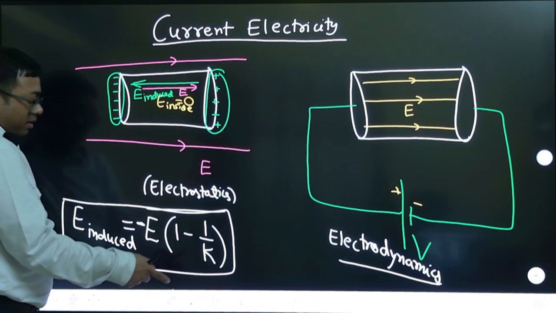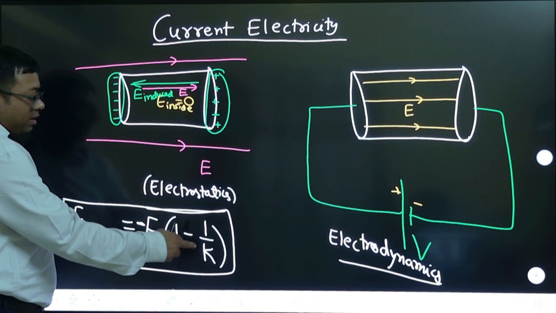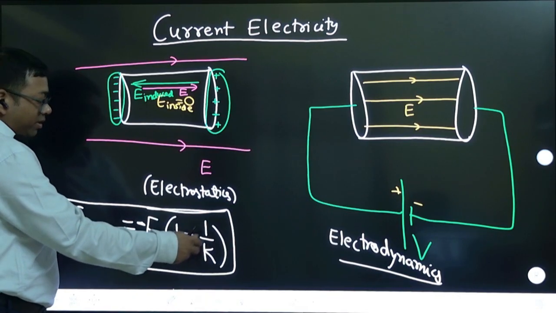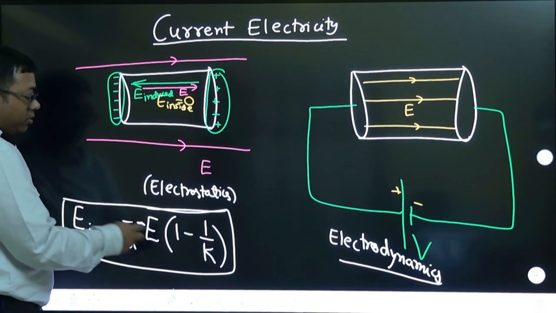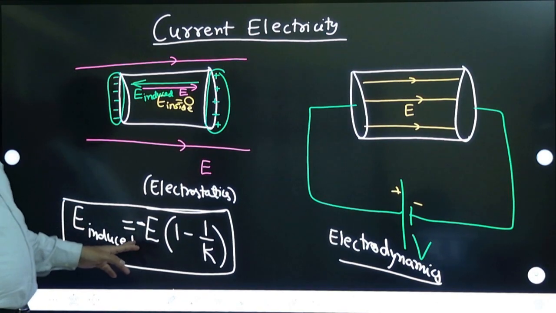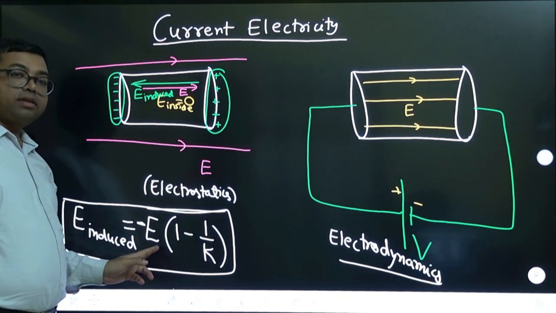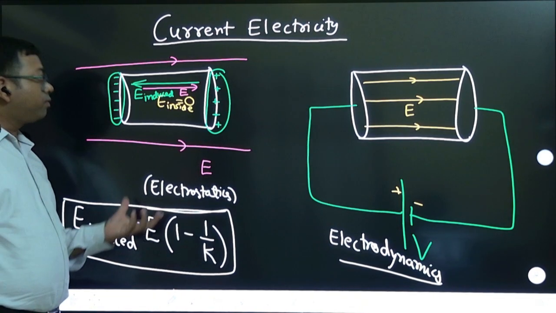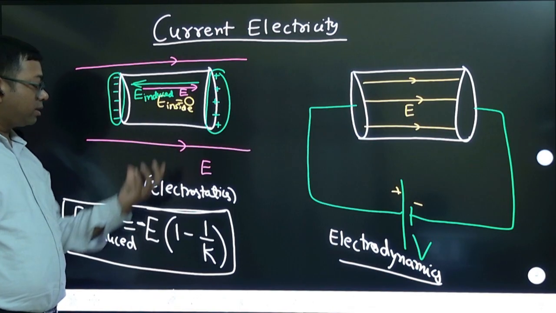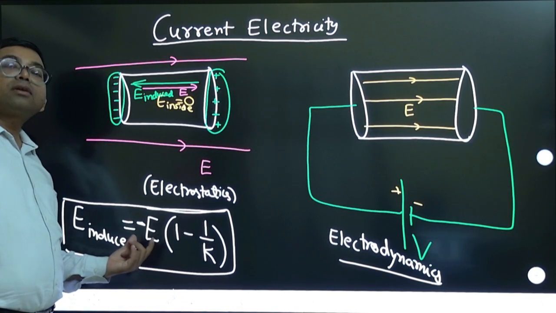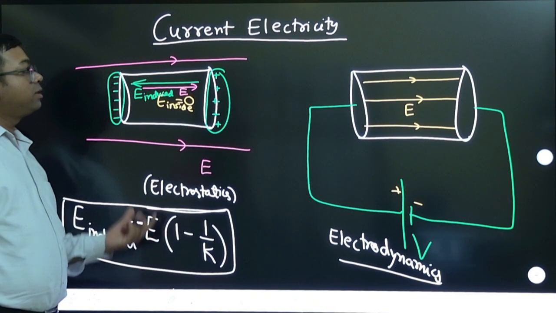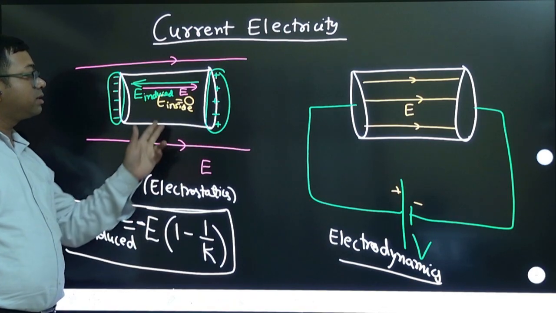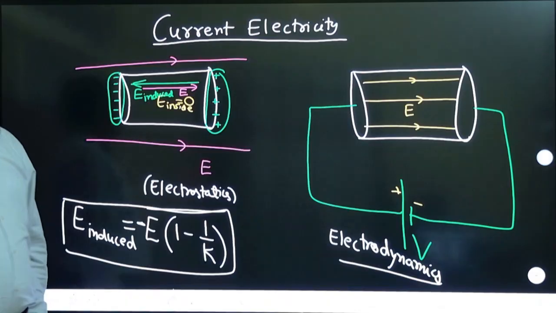If it is a metal, then k becomes infinity, 1 by infinity is 0, so only 1 will be there. So the induced field is equal to the negative of the external field. So if it is a metal or conductor, then the induced field is exactly equal and opposite to the external field. That's why these two fields cancel out and the inside field becomes 0, right?